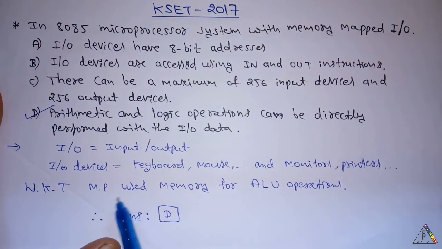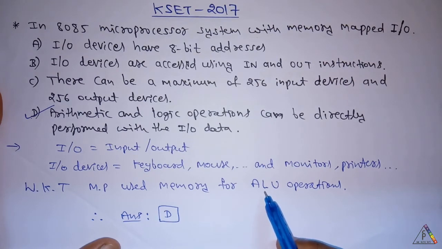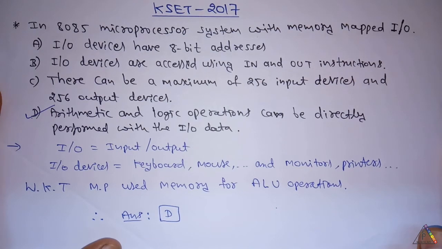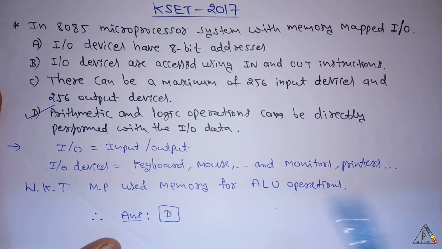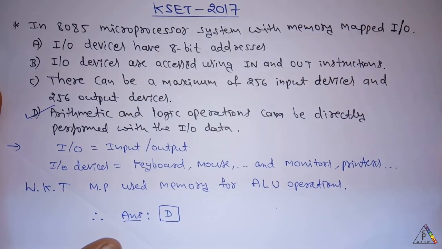We know that the microprocessor uses memory for arithmetic and logic operations. Here the arithmetic operations are like addition, multiplication, and some complex arithmetic operations like square roots, exponentials, etc. And some logic operations are AND operation, OR operation, etc. To do those operations, the microprocessor will use the instructions which are stored in the memory.